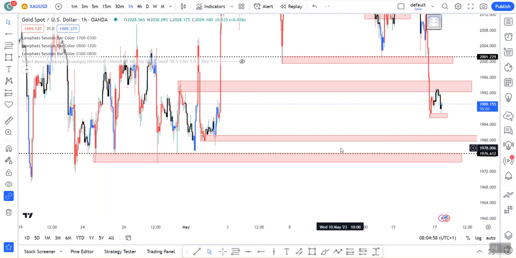You just need to know where your zones are. And once you properly understand where your zones are, you take your trade off those zones, and then look to the next zone for you to take profit.